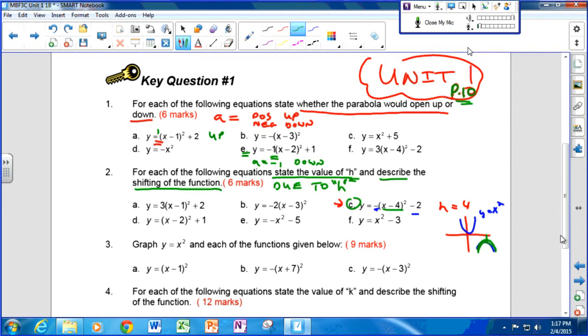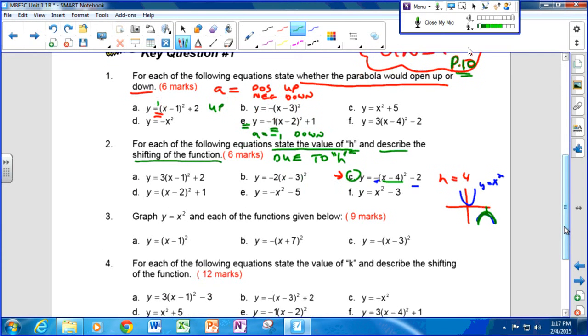Okay. So what it's asking us in the question is just to state the value of h, and then describe the shifting of the function. So if I actually wanted to answer the question here, I'd say shift right.